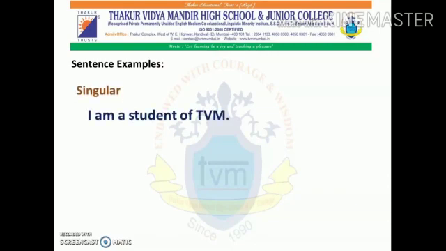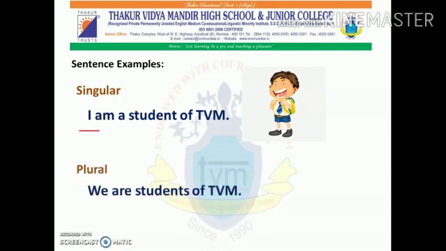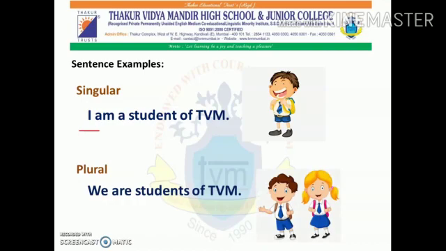I am a student of TVM. Here I is used as the subject and is a singular form. Next, we are students of TVM. Here we is used as the subject and is a plural form.